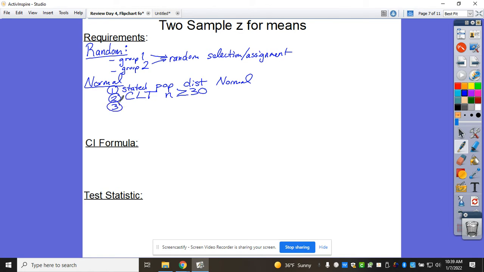And then my third one would be checking the sample values. What are my two things I'm checking for? No strong skew, no extreme outliers.